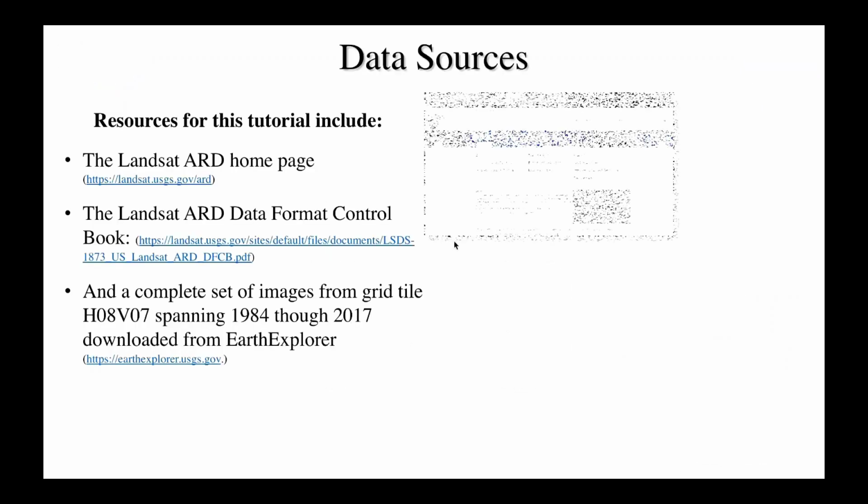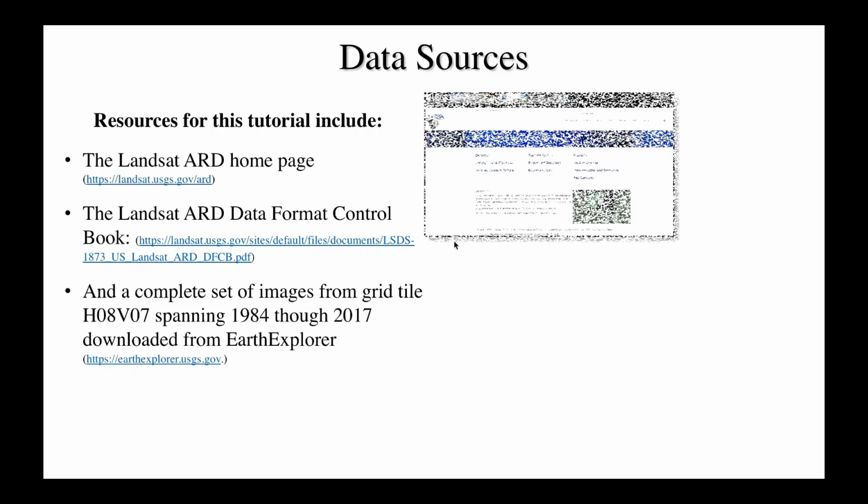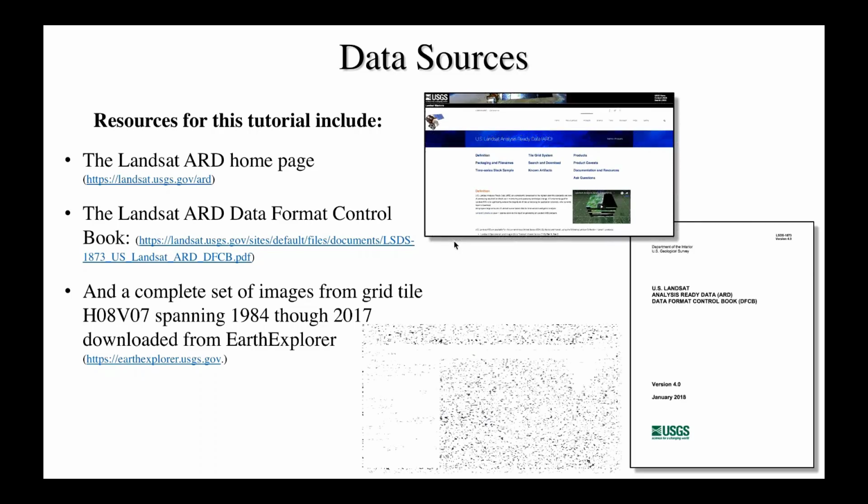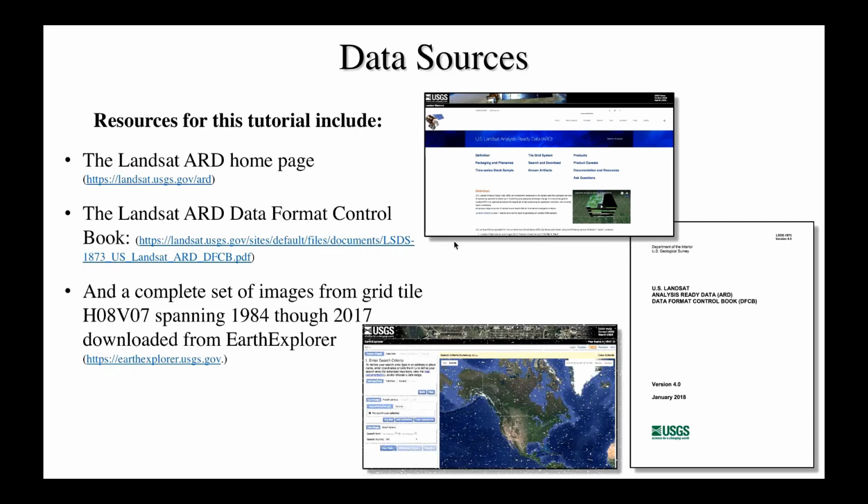I pulled my data sources from 3 different sources. Sorry for the redundancy. The first was the Landsat ARD homepage, which is at landsat.usgs.gov/ARD. And that has a link to the data format control book, which is an excellent reference. It's not the easiest Sunday reading, but it's a great source of information.